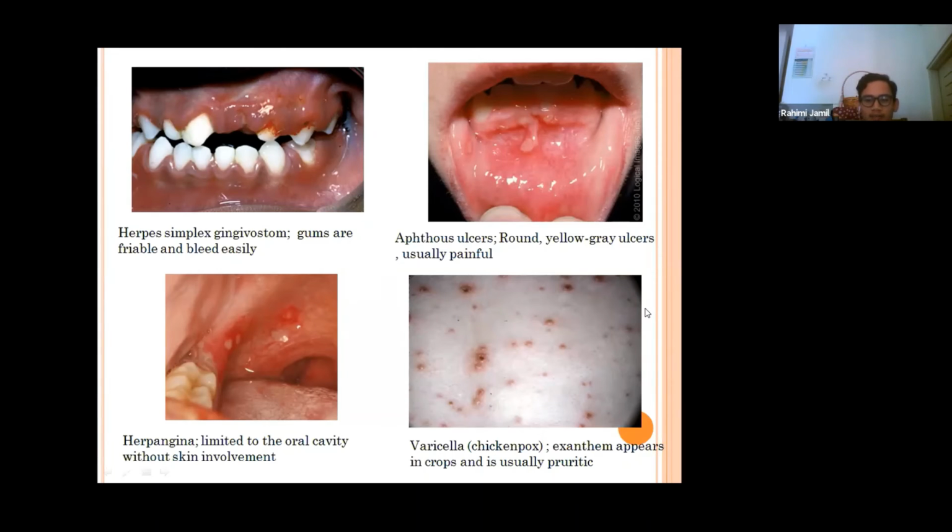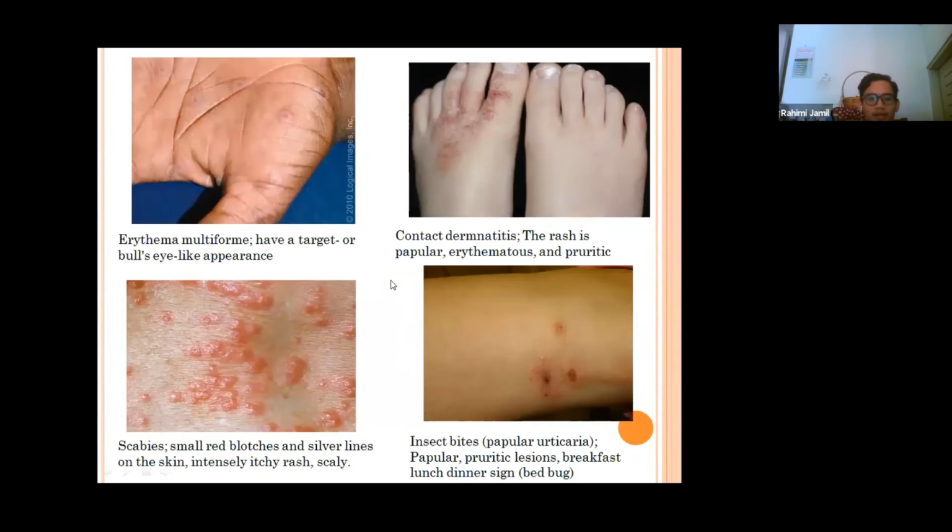For varicella, I think we have discussed before, the exanthem appears in crops and is usually pruritic. For erythema multiforme, the lesion has a target or bull's-eye-like appearance. We can see here. Next, in contact dermatitis, the rash is usually papular, erythematous, and pruritic. History taking for this disease is important, because maybe the patient is allergic to something that caused the dermatitis. Next is scabies.